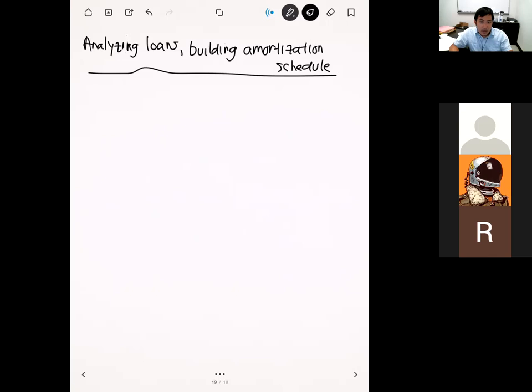Let's start by saying that one of the most common uses for a uniform series payment is paying back a loan.